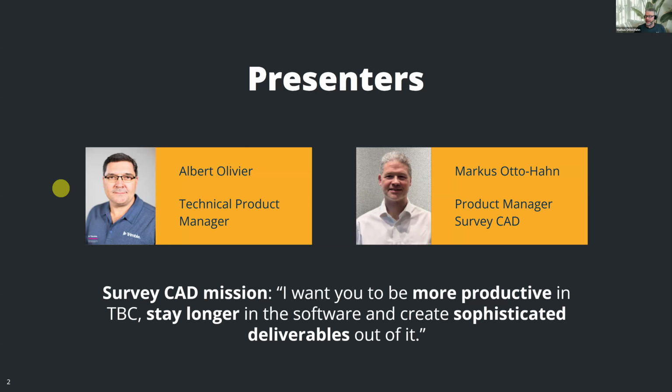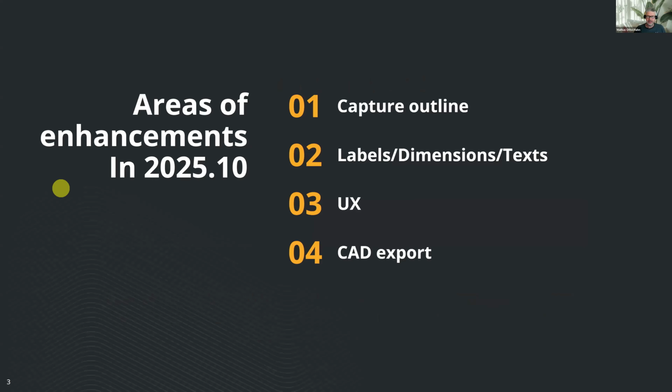Okay, what is the agenda? Here we are. I go through the new functionalities in TBC 2025.10. One can group them in 4 main areas. We've got at first the only big new command that we created, that is capture outline.